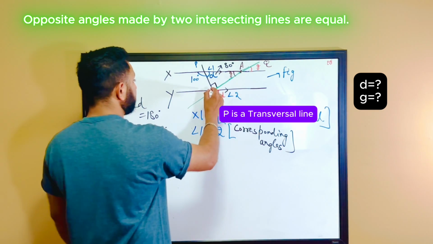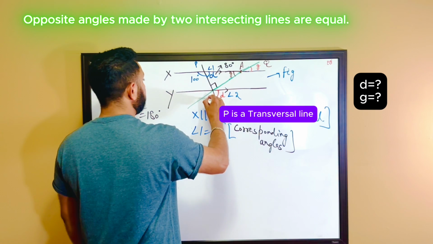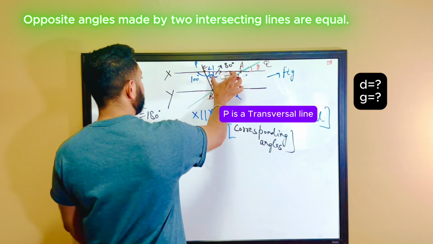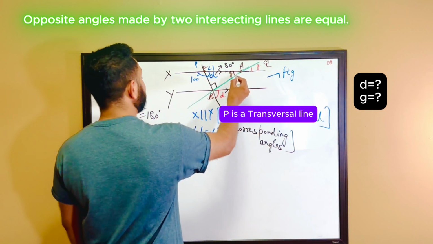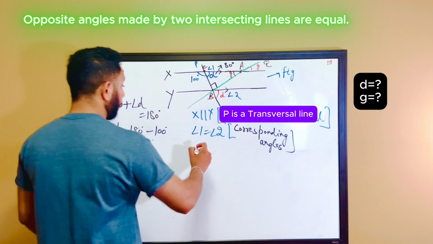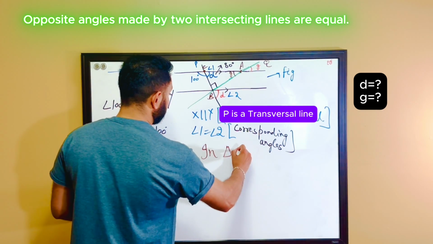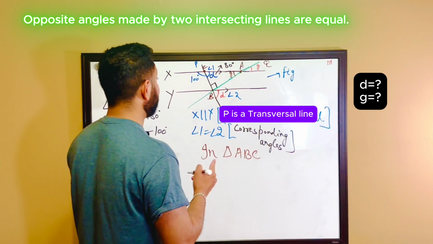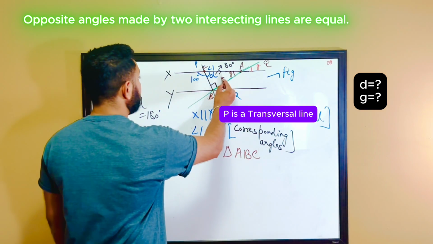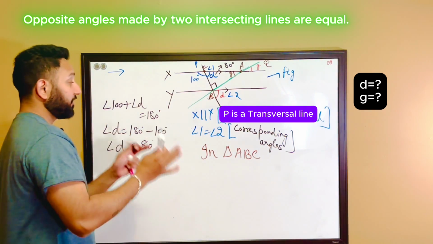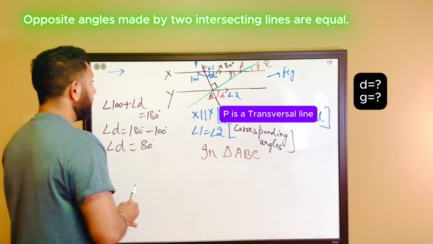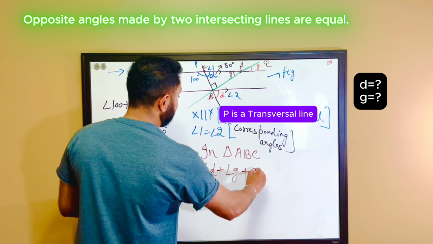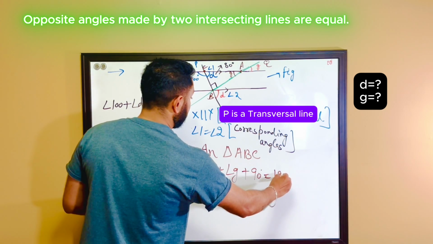And let's say this is A, B, and this point C. So this portion A, B, C makes a triangle. So in triangle ABC, we know that the sum of angles in a triangle is 180 degrees. That means this angle G, D and 90 degrees, these three angles sum up to 180 degrees. So angle D plus angle G plus 90 degrees is equal to 180 degrees.